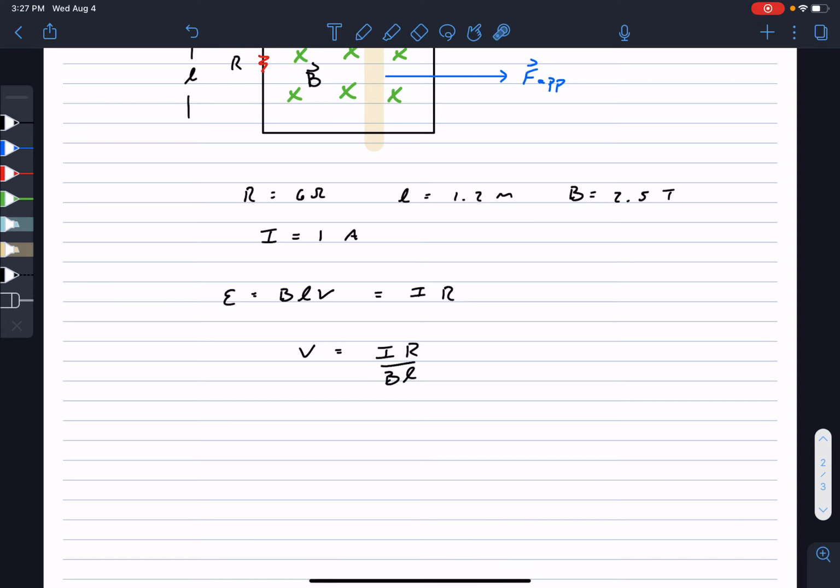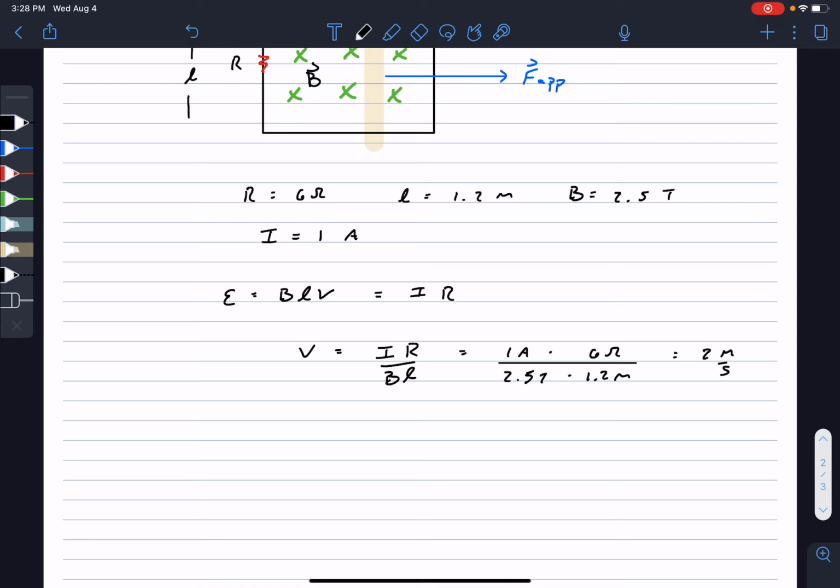And we know the magnetic field strength, we know resistance, we know the length, and the current. So we plug all these in, right? 1 amp times 6 ohms over 2.5 Tesla times 1.2 meters. And this gives us a value of 2 meters per second.